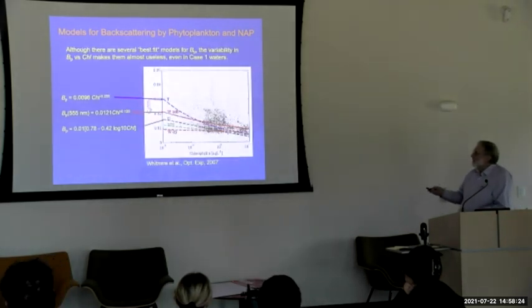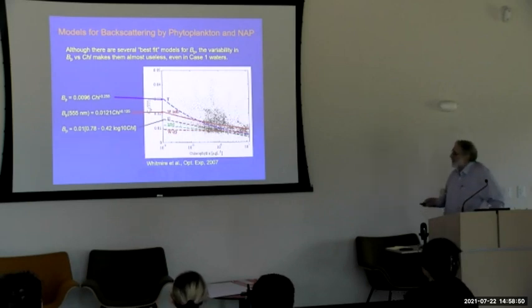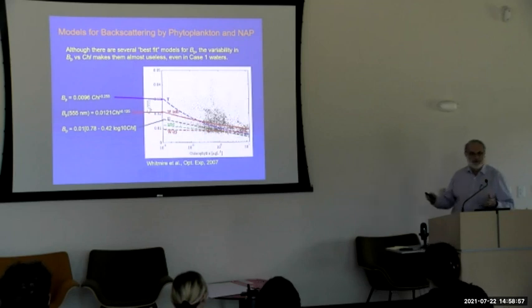Here's the actual bunch of data: chlorophyll versus backscatter fraction. The values go from less than 0.5% up to over 4%. So here's this cloud of data, and if you fit these different models through it, you get these different curves. These are just least squares best fits. Well, I've got to be honest with you guys. If you have a cloud of data like this, don't waste your time trying to fit a curve through it.